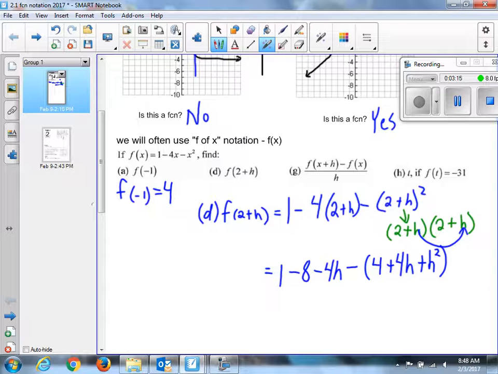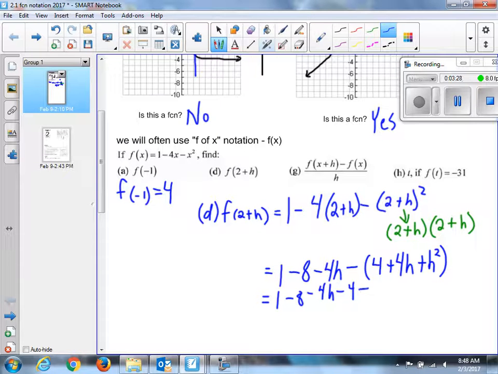Okay, and then it's just a matter of grouping like terms and distributing that minus sign. Maybe I'll just rewrite it. So I'm subtracting minus 4, now minus 4h minus h squared.